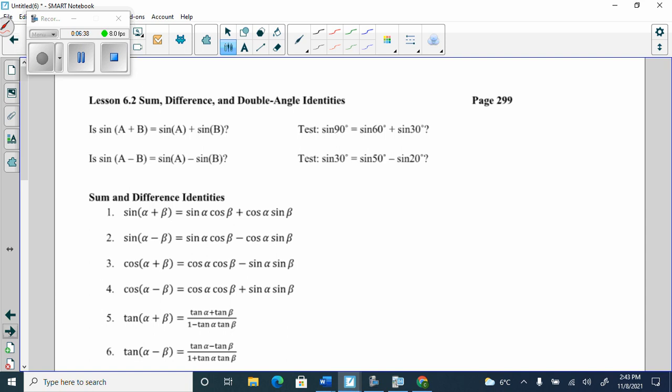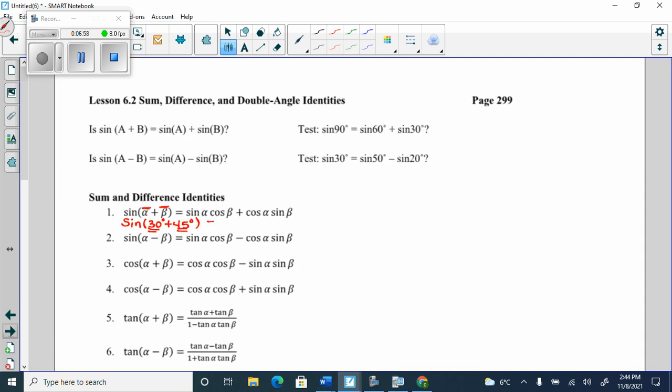So an example, if it was sine A plus B, let's just pretend I was using sine 75 just to prove this. It'd be sine 30 plus 45. All I would do is for every A, I would fill in 30, and for every B, I would fill in 45. We agree?